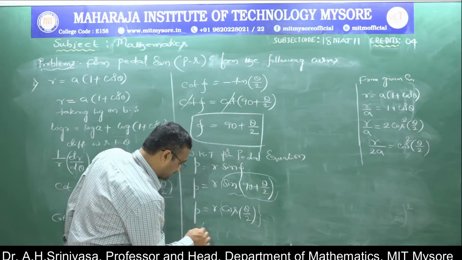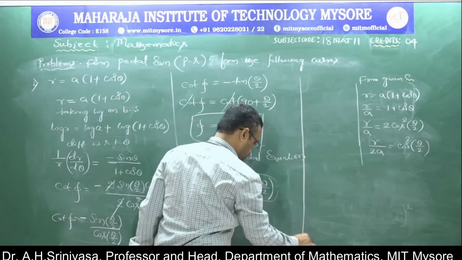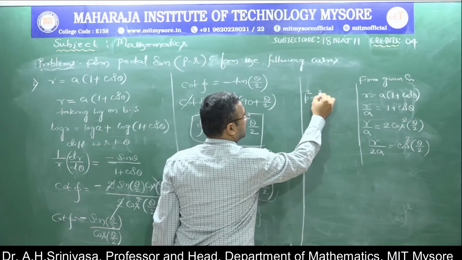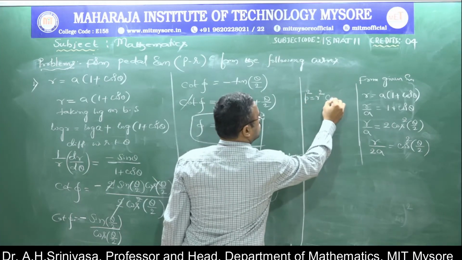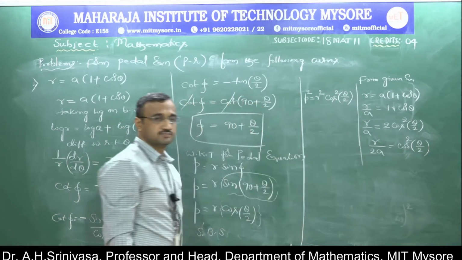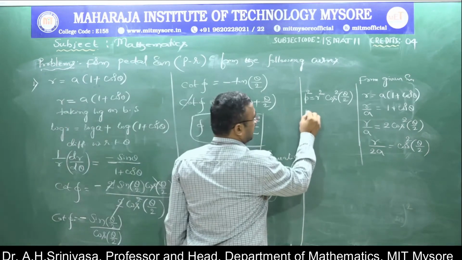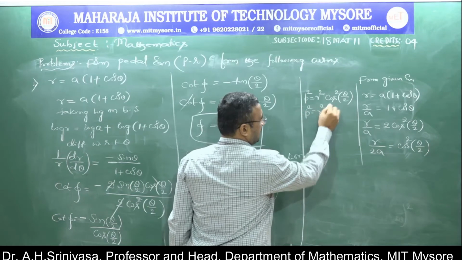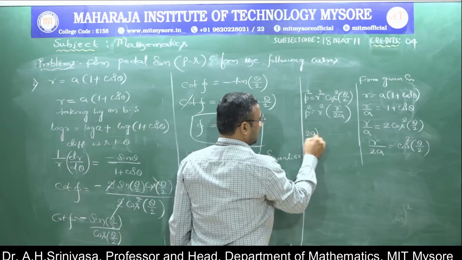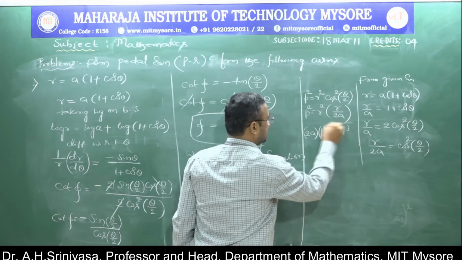If we square both sides, what we get now is p square equal to r square into cos square theta by 2. Now substitute the value of cos square theta by 2. What is that? It is r square into r by 2a. If we make a cross multiplication, 2a into p square equal to r power 3.